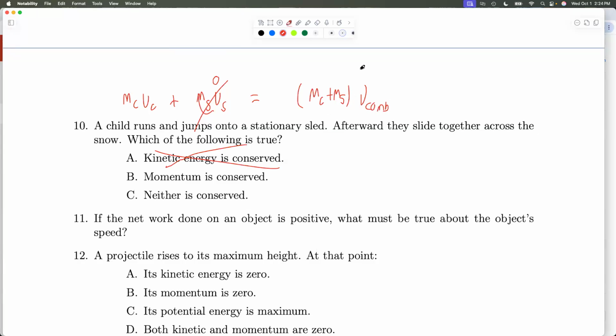This will equal this. So it is true that the total momentum of the child will equal the total momentum of them combined. That is true. It will not have the same velocity, though. This velocity will not be that velocity because now we've got a bigger mass. Okay, I just had to work through it and make sure.